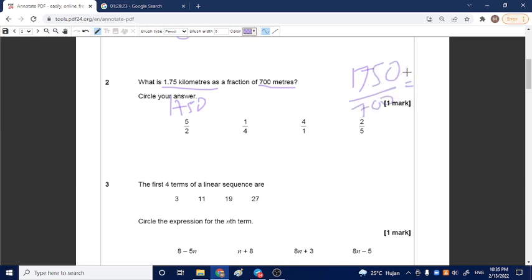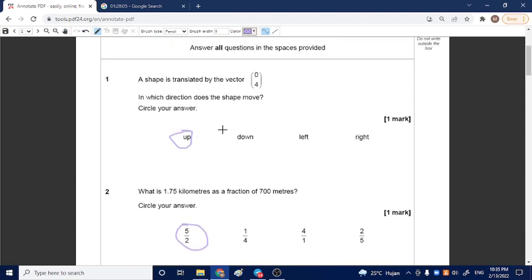That would be 2.5, because 1400 and 350, yeah, 2.5. The fraction would be 5 over 2. So let me remove my workings. The answer is 5 over 2.